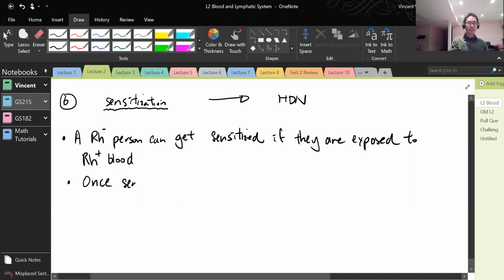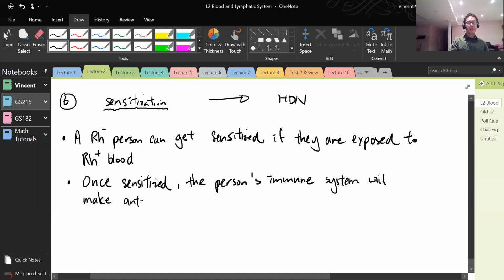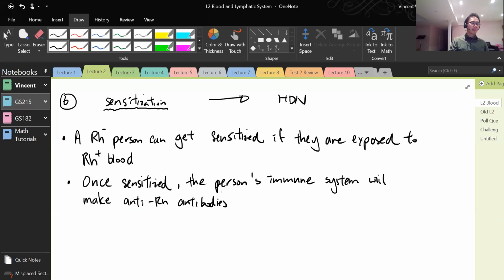Once sensitized, the person's immune system will make anti-RH antibodies. Okay, so I'll give you a moment to copy that down if you wish, and then I will explain a little bit more.